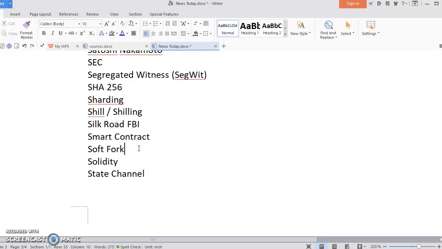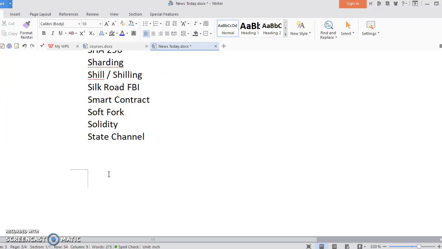But with the soft fork, they are changes you make where you can go back in time and make changes. And then you talk about Solidity. Solidity is basically a computer programming language that helps people create decentralized applications or smart contracts on the Ethereum network.